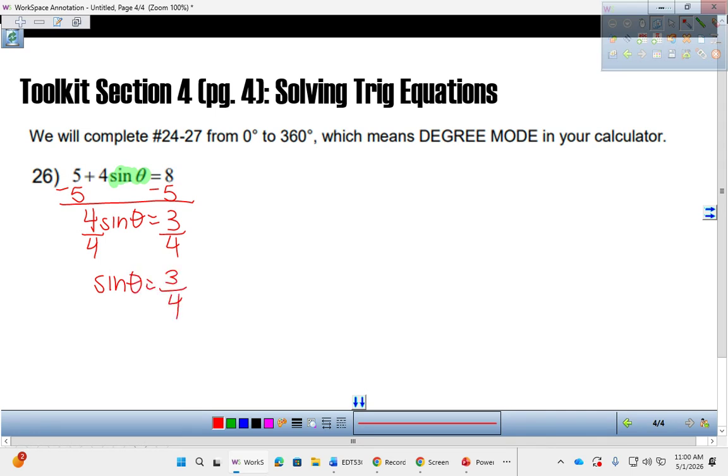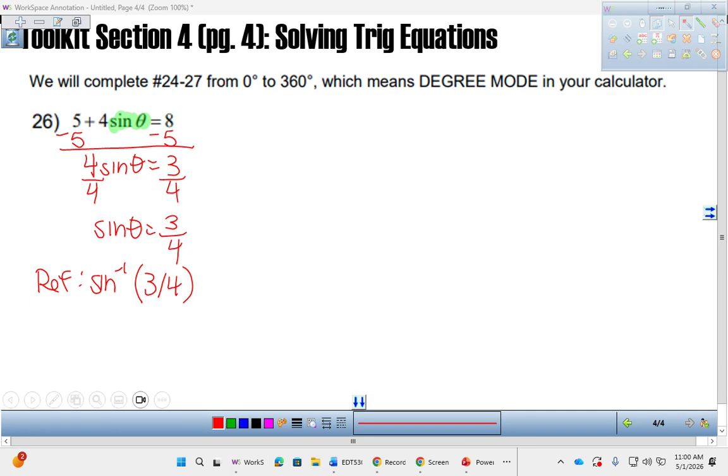So step 1, get the trig function alone. If there's anything on the outside, get rid of it. Step 2, find the reference angle. You're going to find the reference angle by doing the trig inverse. If the fraction's negative, you're not going to include it, but this one isn't. So I'm just going to do the trig inverse of 3/4. This is going to give me my reference angle.